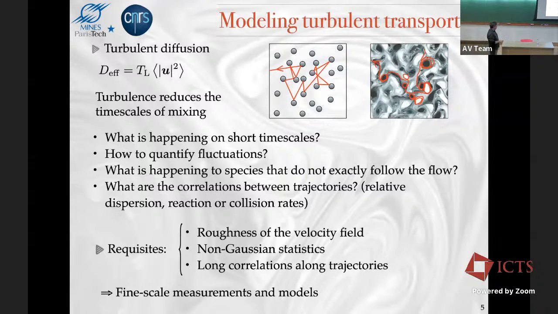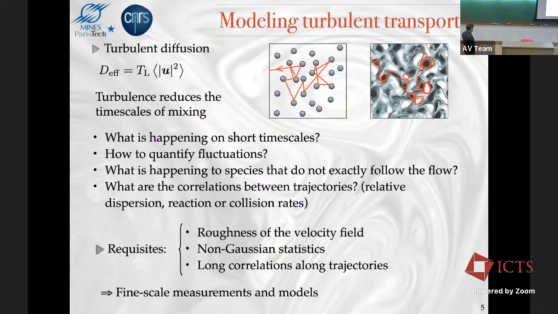And then you have a long correlation along trajectories. If this correlation decreased very quickly, everything would be fine. If the typical correlation time were of the order of the smallest active scale in the flow, this diffusive approach would be very good. But the problem is that in turbulence we have long-range correlations, as I showed you yesterday, so you really need to look at very, very long times.